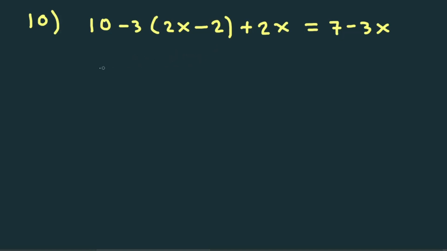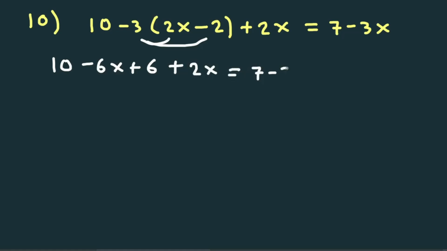Example 10. So first let's expand this bracket. So 10 minus 6x plus 6 plus 2x equals 7 minus 3x. Then I bring all the x's to the left side or to the right side. So I have minus 6x plus 2x, which are already on the left side.